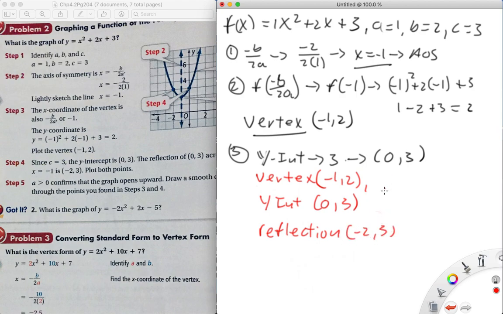I use those 3 points. I know it's going to be facing upward. A is positive. So it's going to be concave up. And that's enough information to graph. And it's going to look like that.